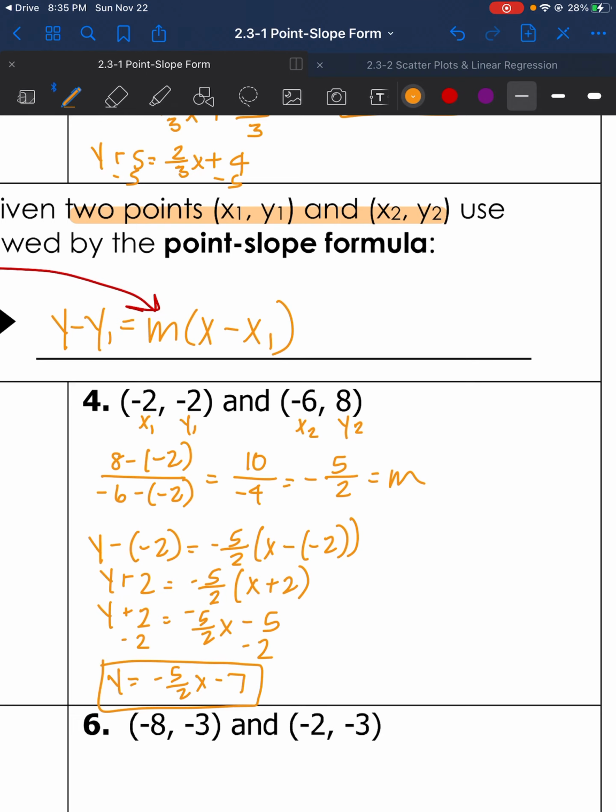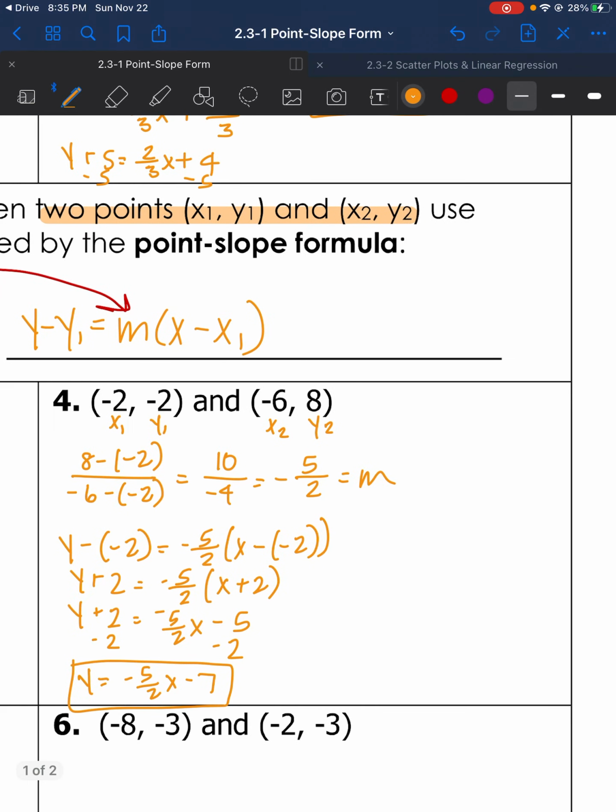Okay, what I want to do here is take some time to do this whole same process, but using x2 and y2. Actually, what I'm going to do is switch these. I'm going to call this one x2 and y2, and this one x1 and y1.